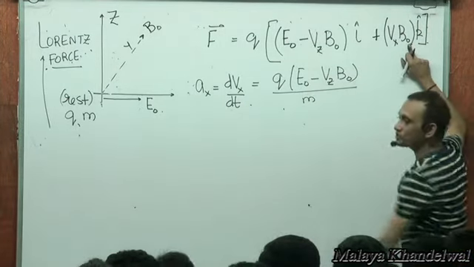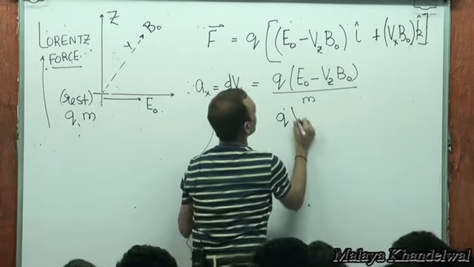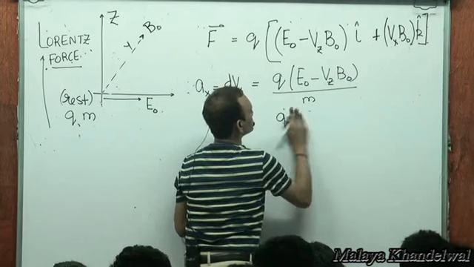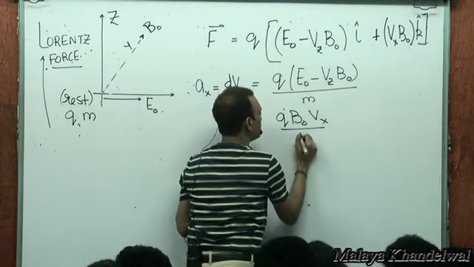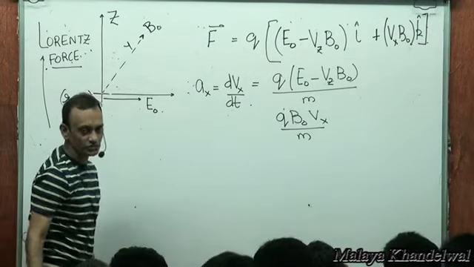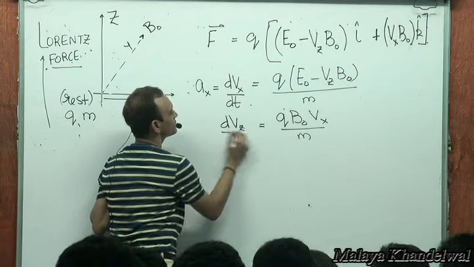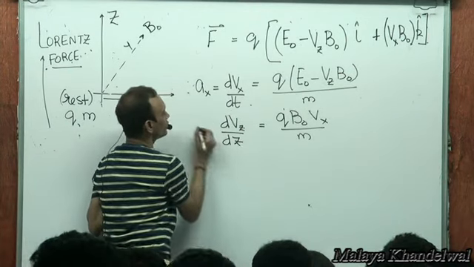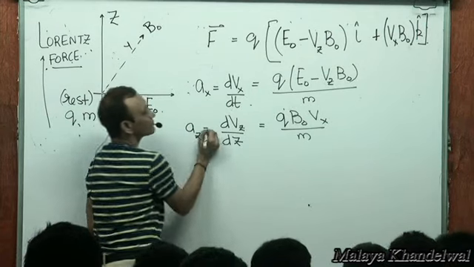Force in the z direction is q into Vx into B naught divided by m. That's going to be acceleration in the z direction, which is dvz dt. Yes or no?